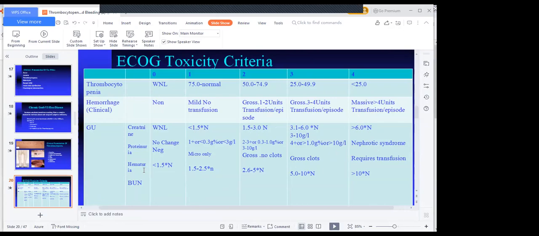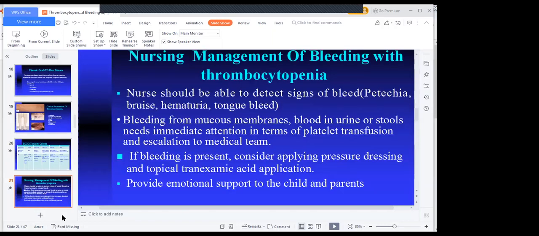And hematuria, if less than 1.5, will be in scale 0, and 1.5 to 2.5 will be normal, and 2.5 to 6 will be in grade 2, and in grade 3, 5 to 10, and if more than 10 it will be in grade 4. This is the ECOG toxicity criteria.